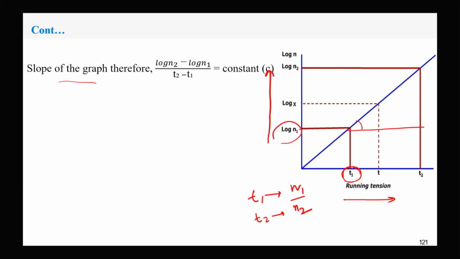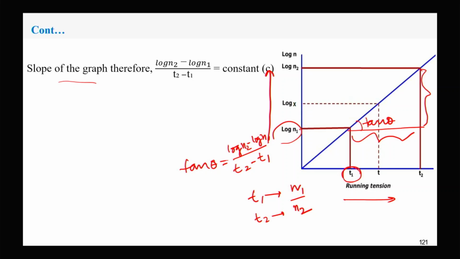This is the slope, tan theta, where the angle of inclination is theta. Tan theta will be this distance, that is log n2 minus log n1, divided by this distance, that is T2 minus T1.